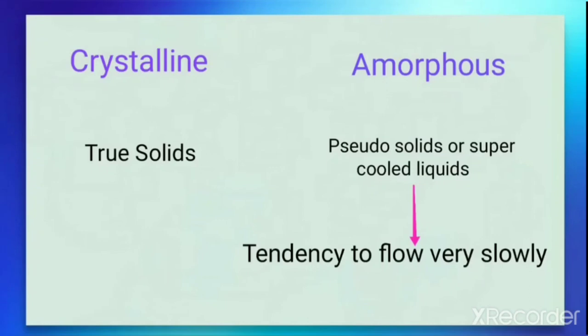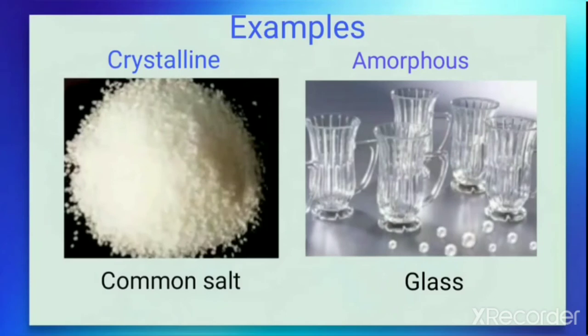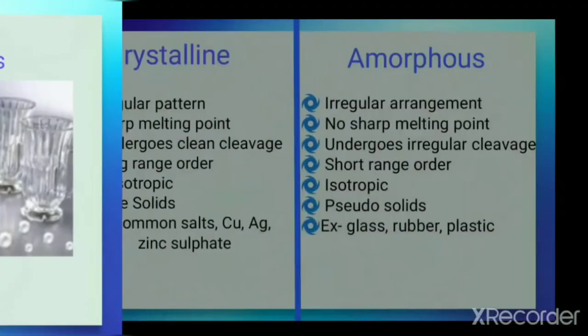Therefore, we can say that amorphous solids are not true solids. They behave like a liquid because they have a tendency to flow very slowly. What are examples of these? An example of a crystalline solid is common salt. An example of an amorphous solid is glass.